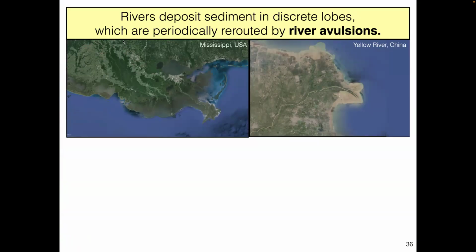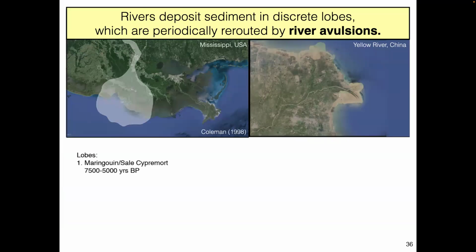We're familiar with the modern course of the river here from the north, flowing to the southeast, ending in that bird's foot. But if we look at the system of a little more than 7,000 years ago, it was actually flowing more due south and depositing sediment in this white shaded area here, which we call the delta lobe. At about 5,500 years ago, the river catastrophically changed course. It jumped its banks and formed a new path to the sea.